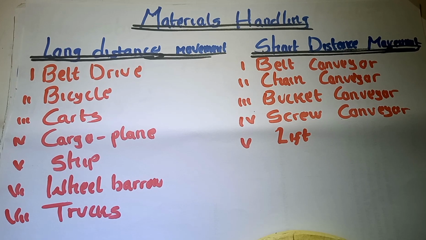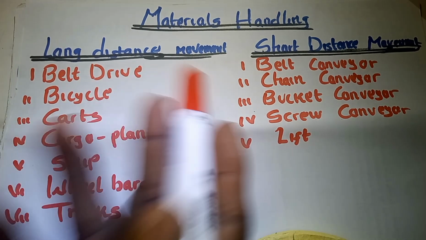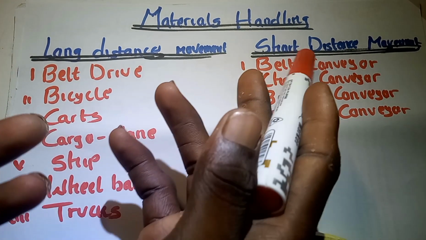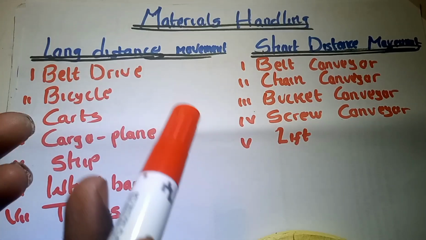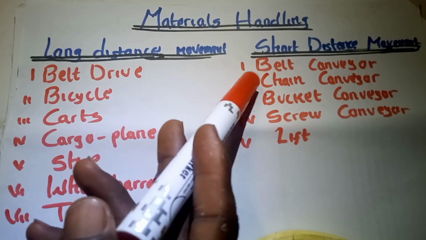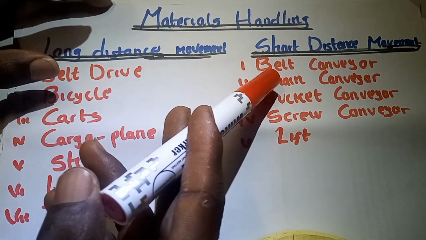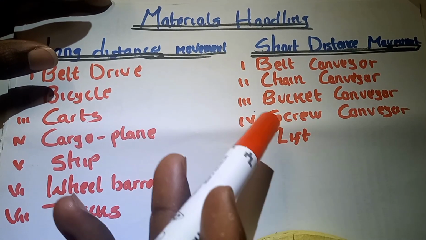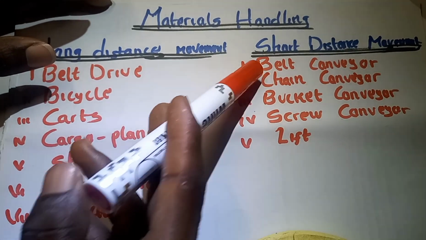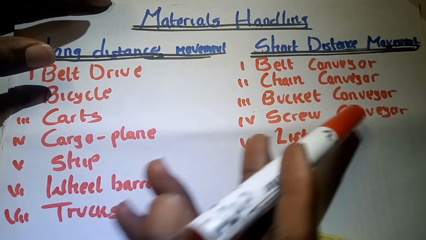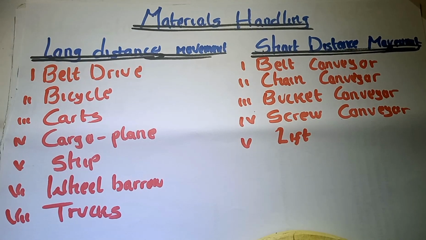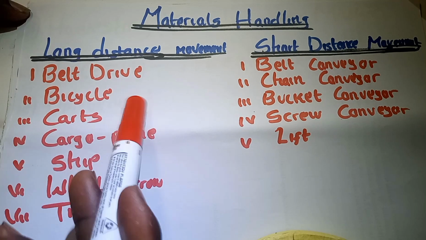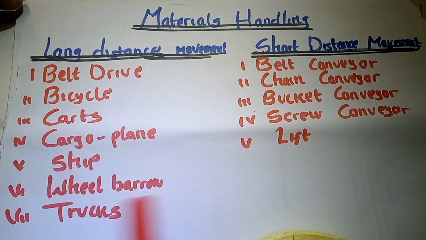Is it long distance movement? Is it short distance equipment? For short distance, we have the belt conveyor, chain conveyor, bucket conveyor, screw conveyor, lift, and others like that. And in long distance, we have the belt drive, bicycle carts, cargo plane, ship, wheelbarrow, trucks. You get what I'm saying?